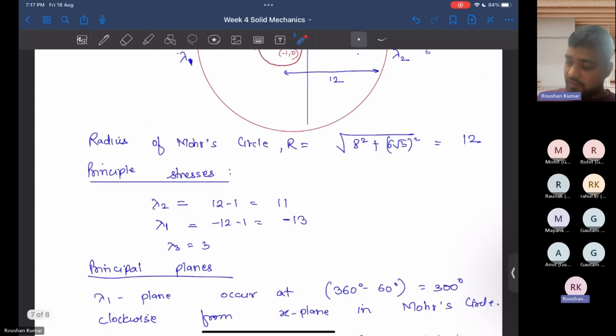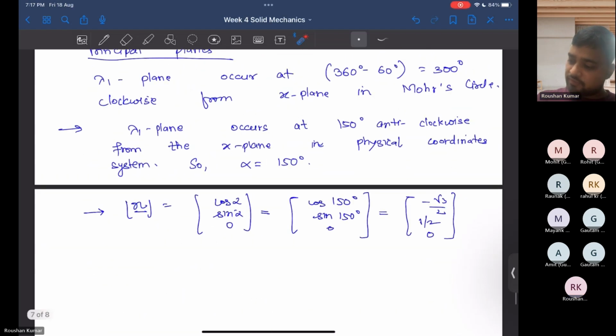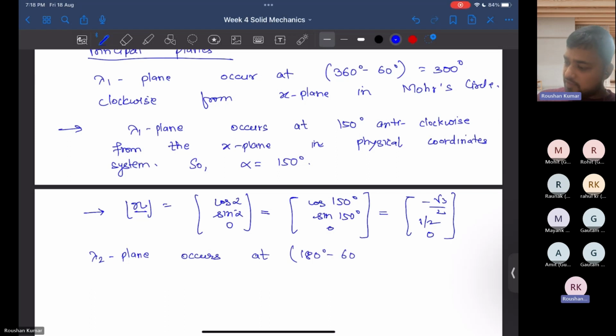So the lambda 2 plane occurs at 180 degree minus 60 degree, that is 120 degree, clockwise from the x plane in Mohr circle.